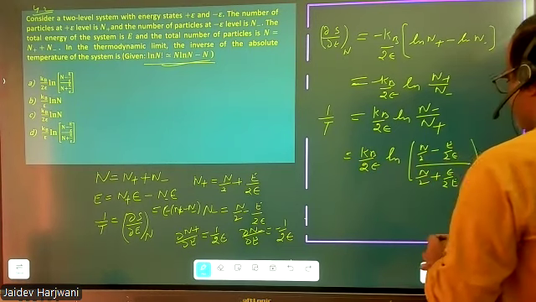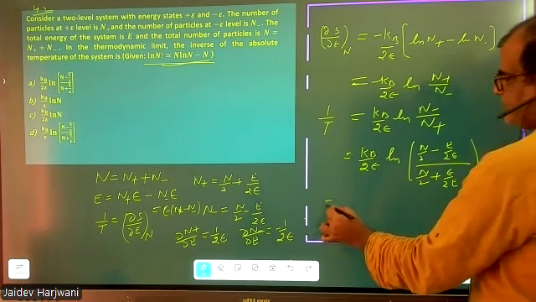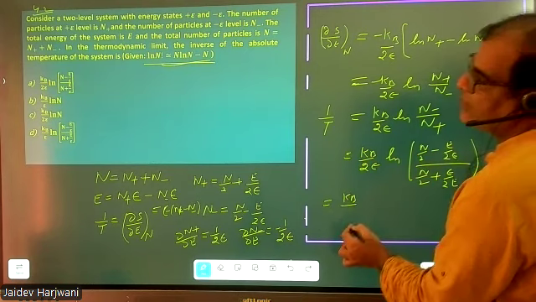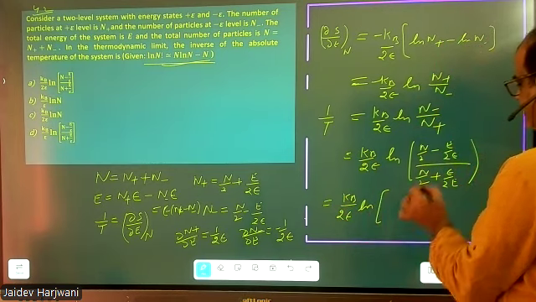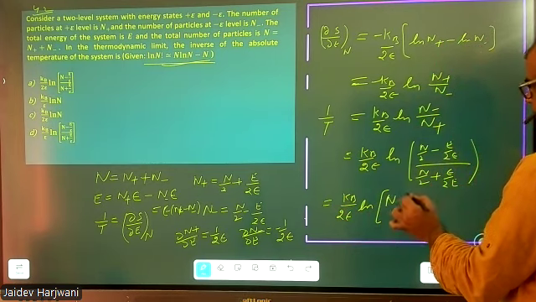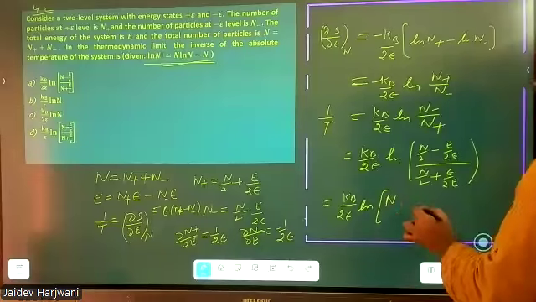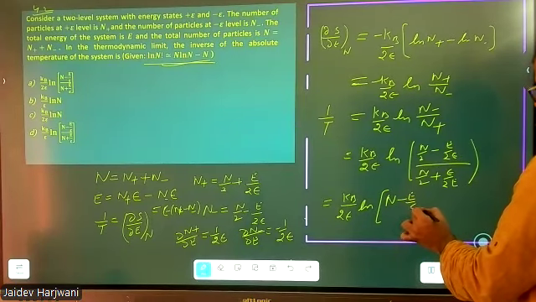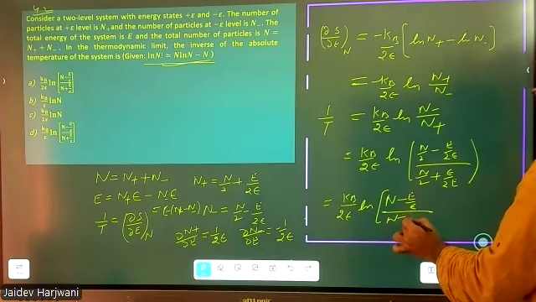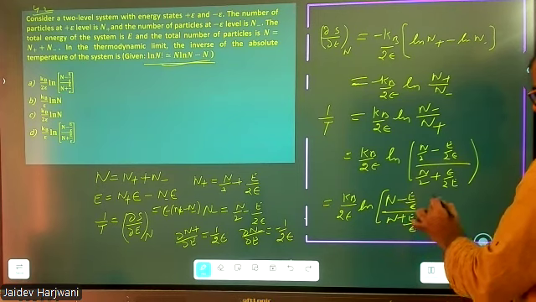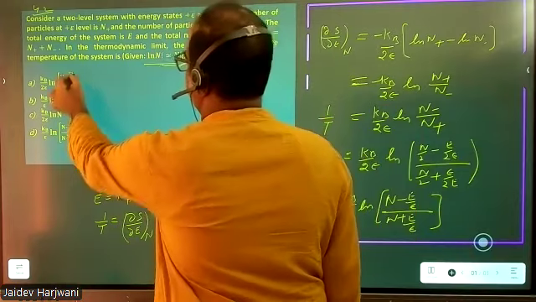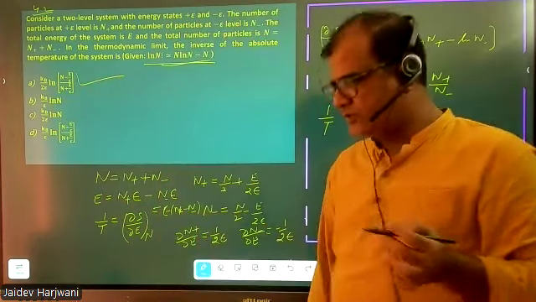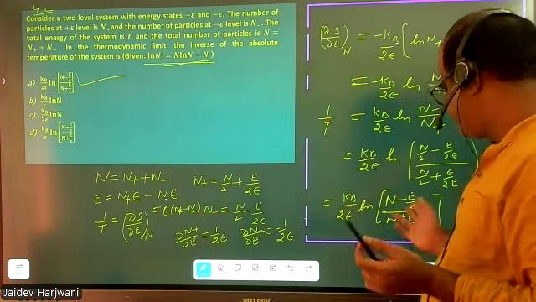Okay, so 2 cancels, so KB upon 2E ln, this 1 by 2 cancelling, so n minus E upon E, and this is n plus E upon E. Okay, so this is the option number 1. So option number 1 is correct for this question.